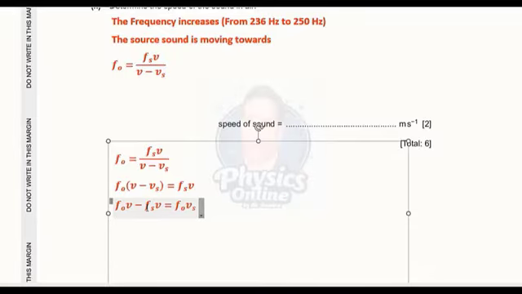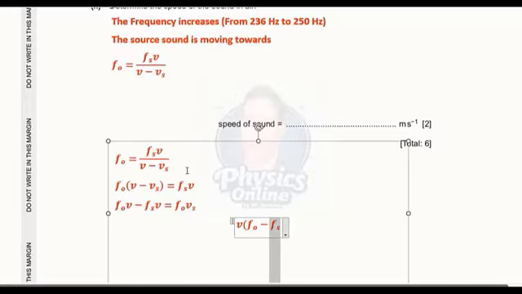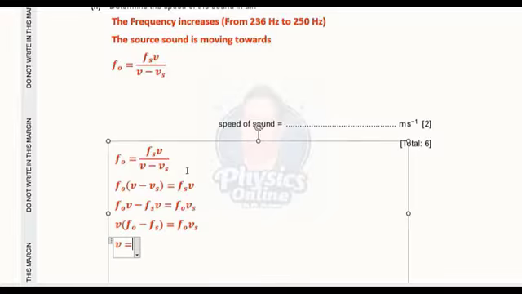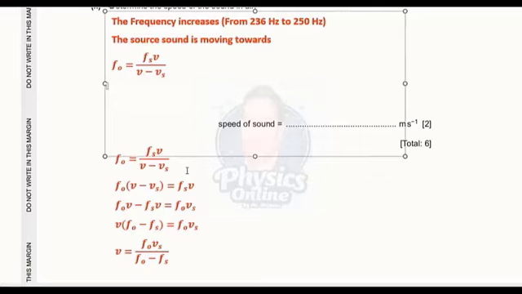We'll take v as a common factor, so v equals fo vs divided by fo minus fs.